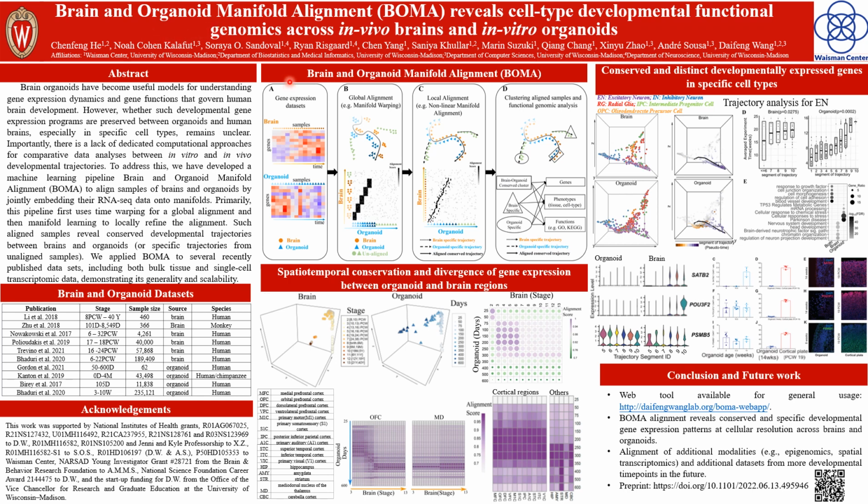In order to answer this question, we have developed a pipeline called BOMA, which stands for Brain and Organoid Manifold Alignment. In this pipeline, given two RNA-seq datasets, one for brain and another for organoid, we first use a technology called global alignment, which roughly aligns these two RNA-seq datasets across time.